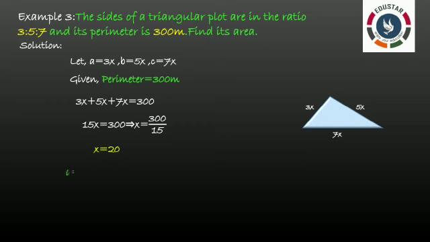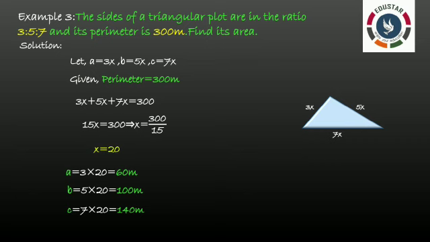So a is equal to 3 into 20, which is equal to 60 meter, and b is equal to 5 into 20, which is equal to 100 meter, and c is equal to 7 into 20, which is equal to 140 meter. Since the perimeter is given in meter, we have written ABC values in meter.